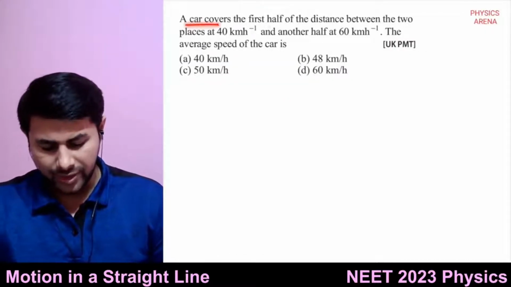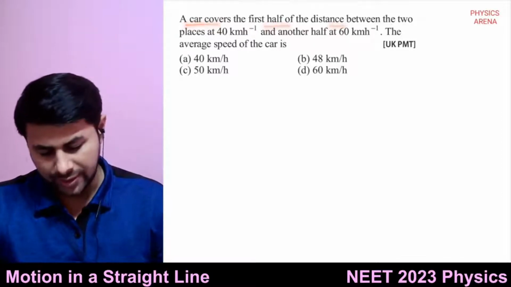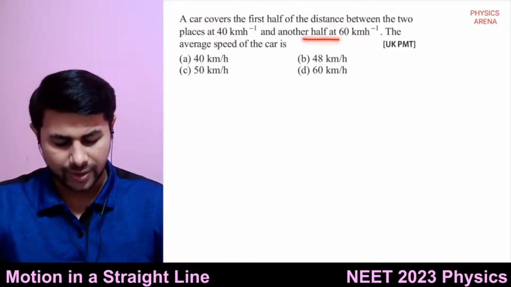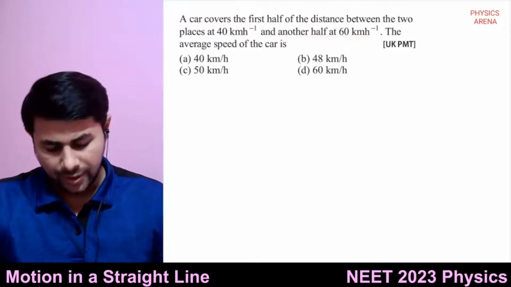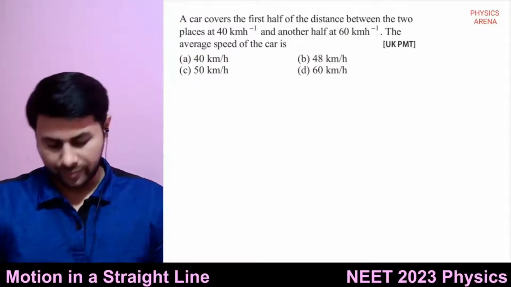A car covers the first half of the distance between the two places at 40 kilometers per hour and the other half at 60 kilometers per hour. The average speed of the car is, okay, this is the question.